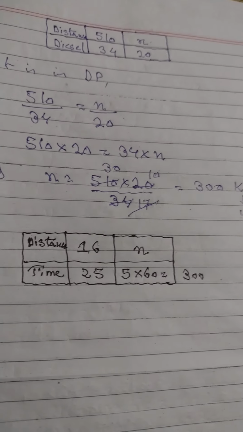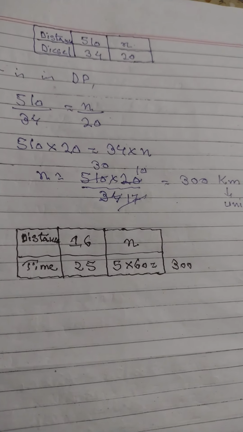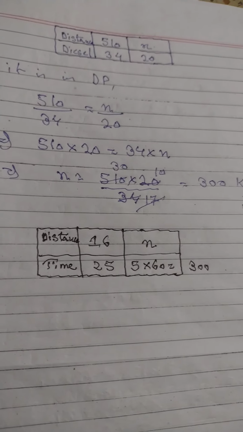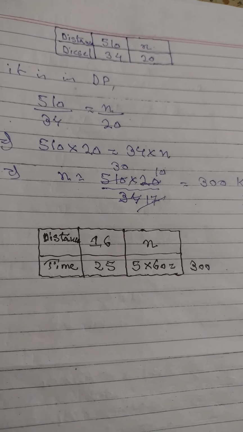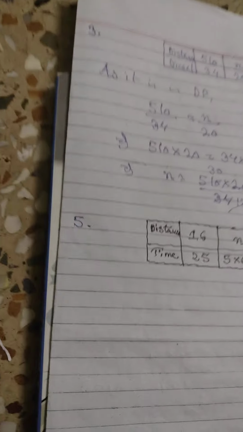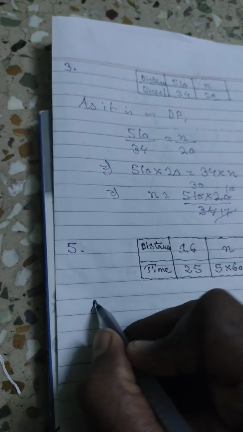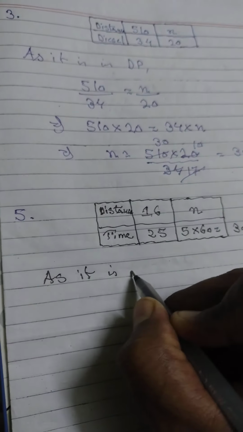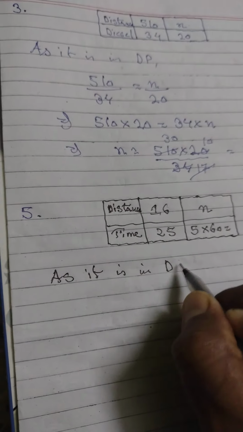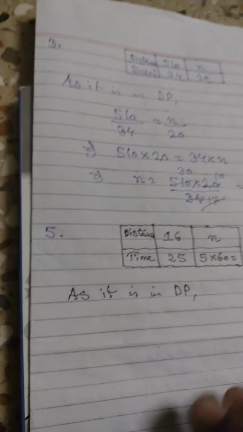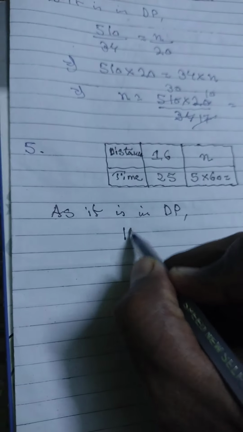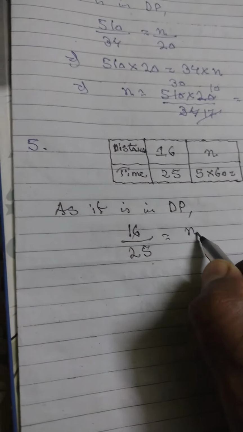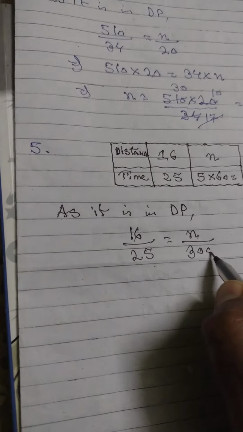Now see the reason I multiply with 60, because it is given 5 hour and the first unit is given in minute. So I convert the hour into minute. You all know that 1 hour is equal to 60 minutes. So again we have to write like this, as it is in direct proportion. Okay, so 16 by 25 is equal to x by 300.